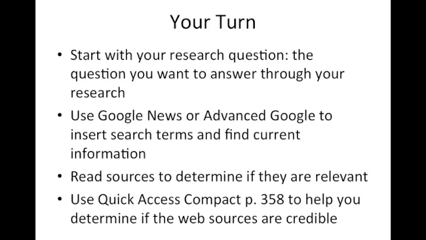However, I think they're a good place to start because Google News will give you current headlines being published on the web about your topic, and Advanced Google will help you limit your search to more credible domains such as .gov, .edu, and .org. Then read those sources to determine if they are relevant, and use Quick Access Compact, your textbook, page 358, to help you determine if the web sources are credible.